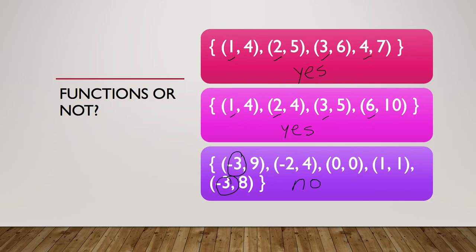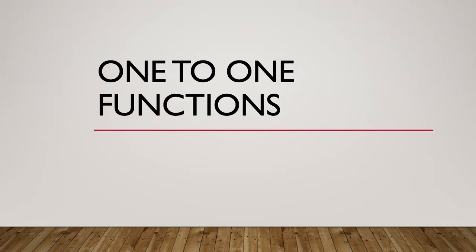Okay, so again, that's just a quick review on what we learned about functions. So the first thing in this section that we need to look at is a specific type of function, which is called a one-to-one function. Now, a lot of the same concepts that we've just reviewed will apply to a one-to-one function.